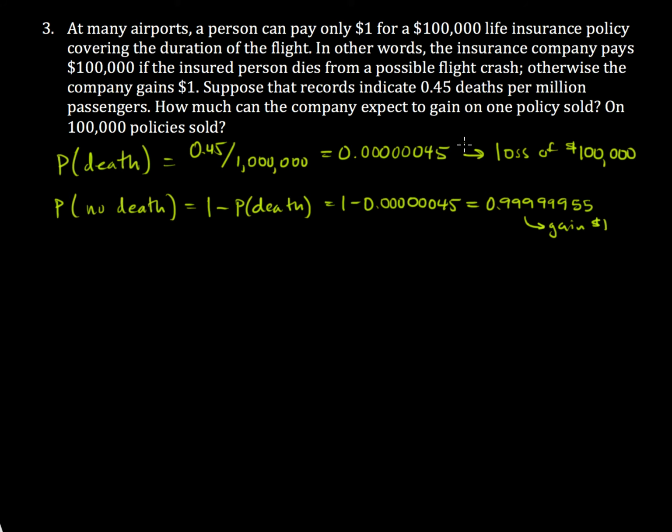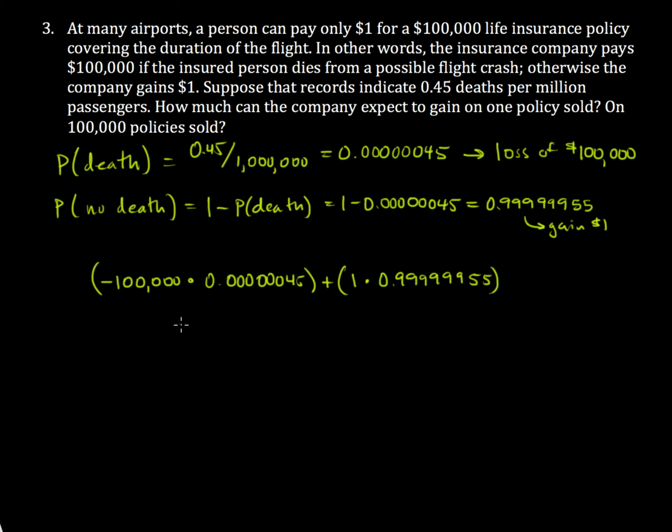So the expected gain or loss on one policy, well, we'd have to take the loss of negative $100,000, I'm sorry, times the probability that that's going to happen, 0.000000045, and then we have to add the $1 gain times the probability of 0.9999955.